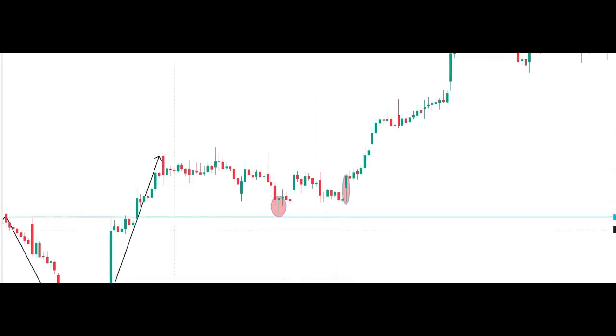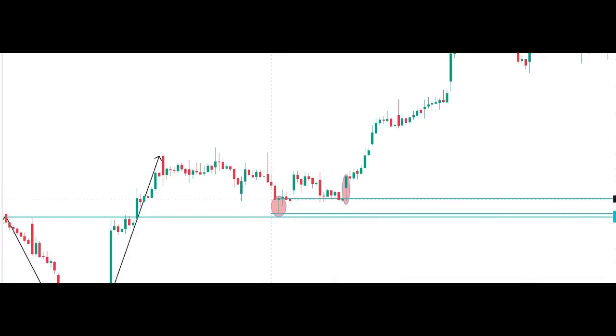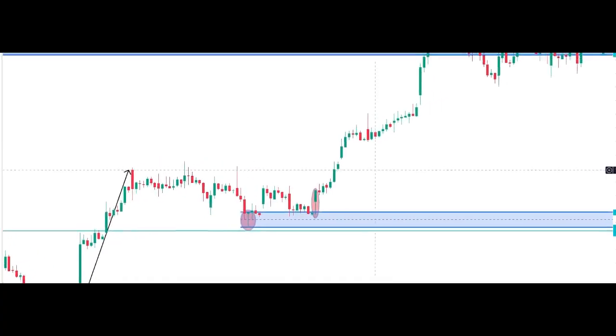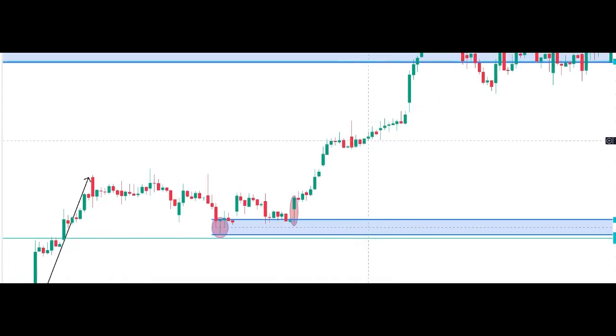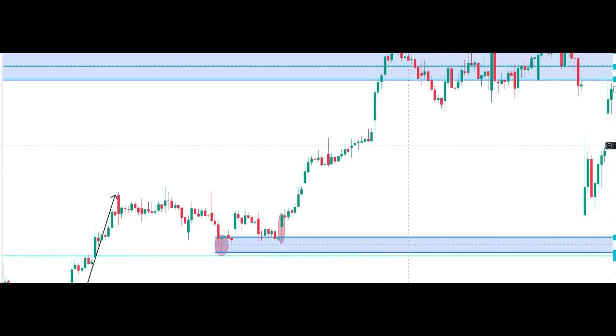But as I said, whenever there is a special candle, mark the highs and mark the lows. Use a horizontal line or a parallel channel. That is your comfort. At the same level, you are seeing a hammer. That is special. You can see many candles in between, but they are not significant. Only at highs and at lows are they significant.